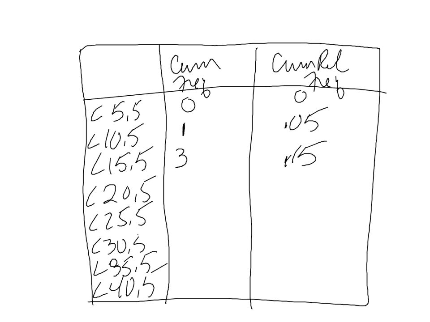Okay, so then the next class, between 15.5 and 20.5, there was a frequency of 3 runners, but that would be a total frequency of 6 represented in those first 3 class boundaries. So our running total would be 6, and 6 divided by 20 is the same as 3/10 or 0.30.